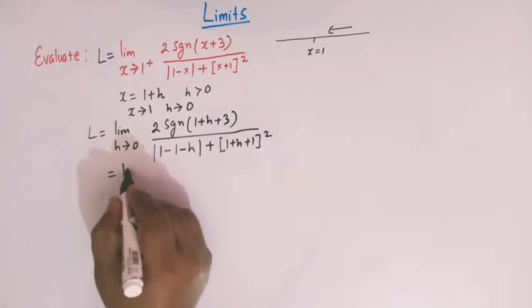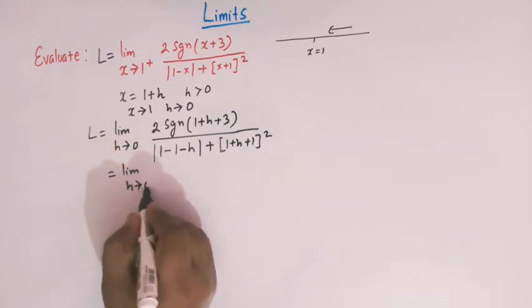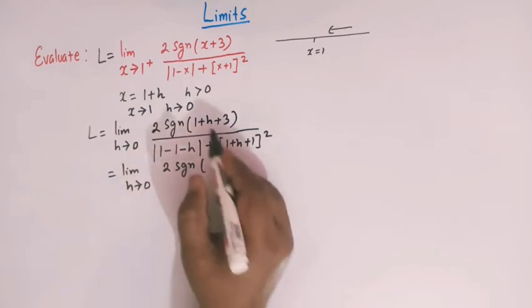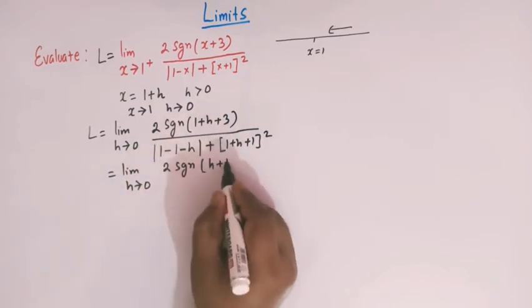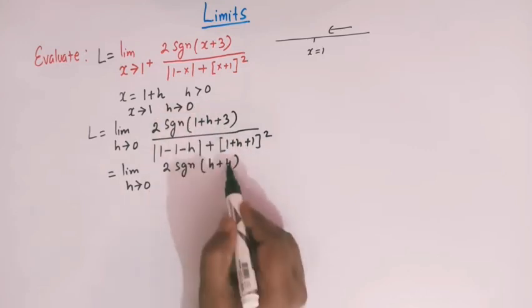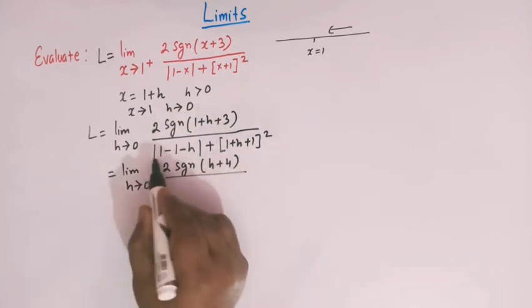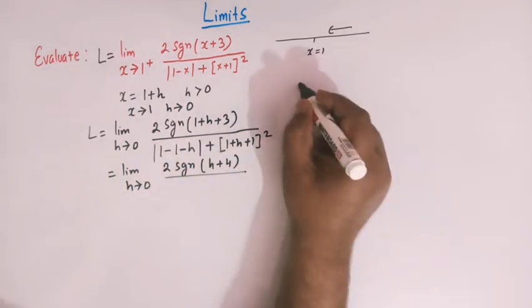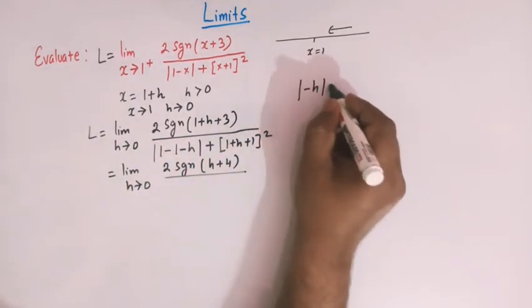So now we can write limit h tends to 0. We have 2 times signum of h plus 4, right? This is 3 plus 1, 4, and in the denominator we have 1 and 1 get cancelled, so we are left with mod of minus h.